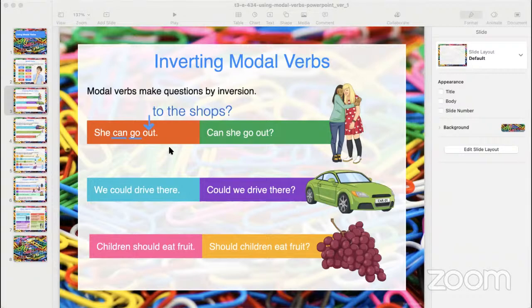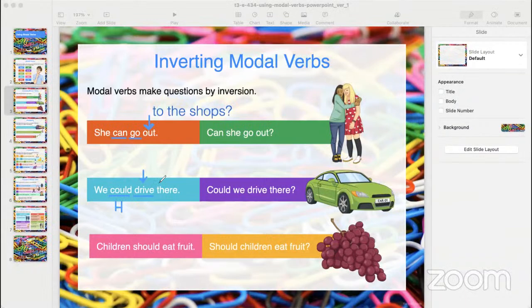And then if you look at the next one, we could drive there, or could we drive there? Remember last week we looked at sentences and how to change sentences into questions. So could we drive there? Drive is the main verb, and could is the helping verb.